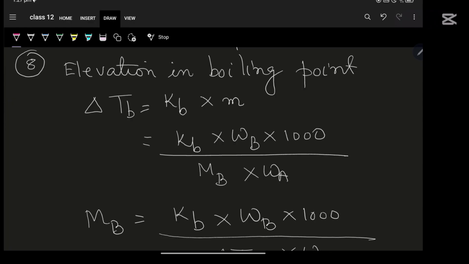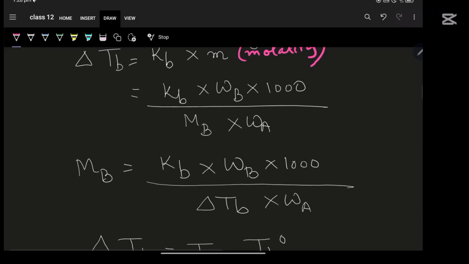Next is the next colligative property, elevation in boiling point. Your delta TB is the elevation in boiling point, which is equal to Kb into the molality, where m is the molality of the solution. You replace the molality by number of moles of solute, so WB by MB, mass of solute by molar mass of solute, divided by the mass of the solvent, WA, in kg.